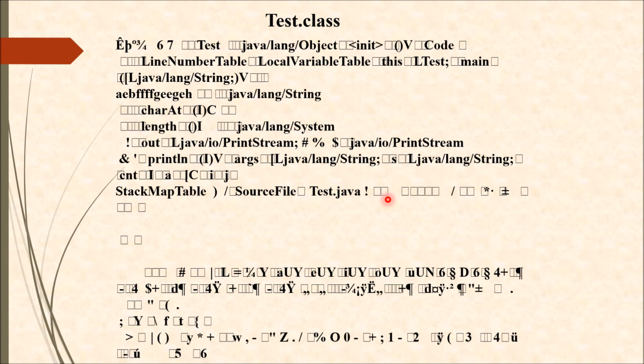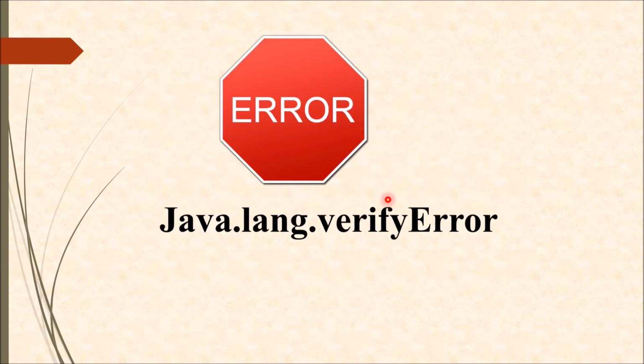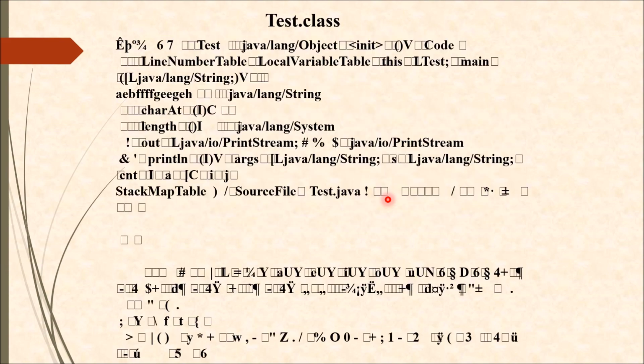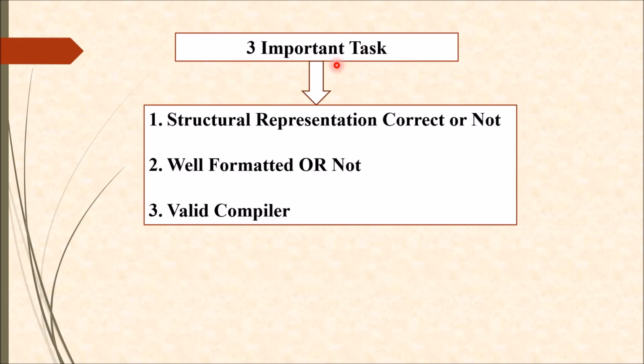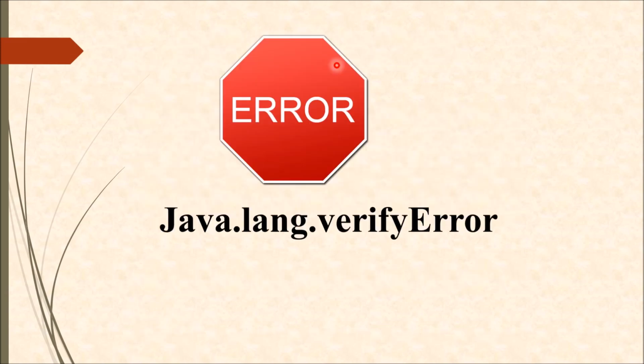Instantly it will throw this error, java.lang.VerifyError. Or if I change any character inside this test.class file, instantly my program will stop and it will throw java.lang.VerifyError. In this way it maintains security inside our Java application. So that's it, this was the verification activity inside the linking.